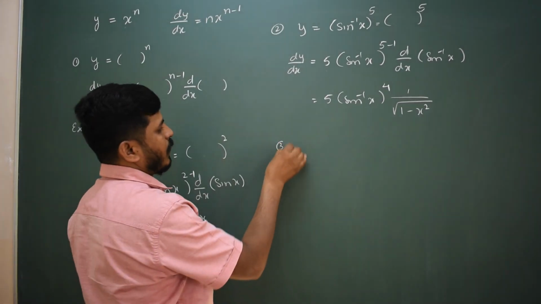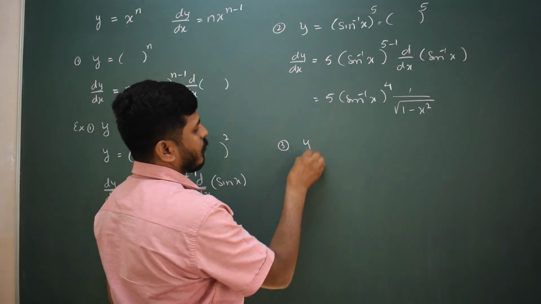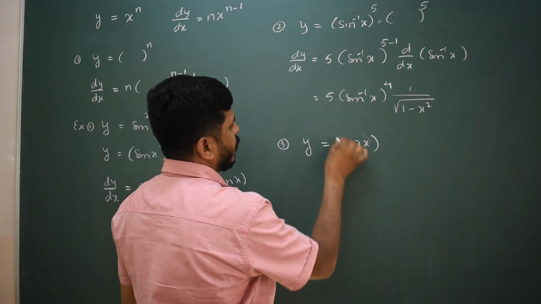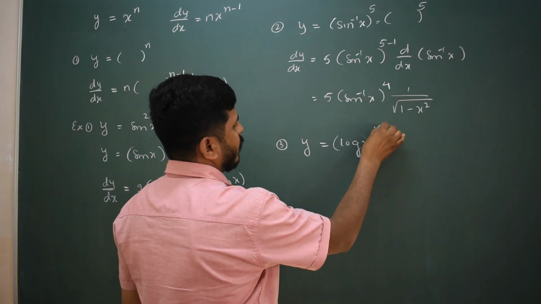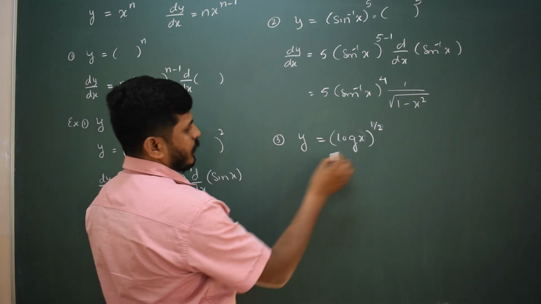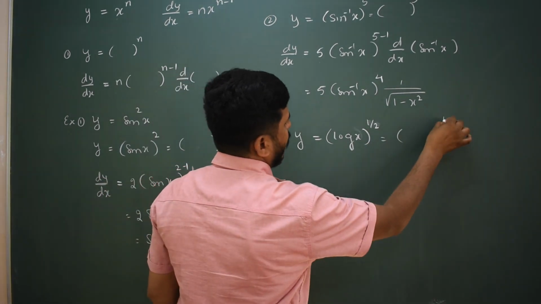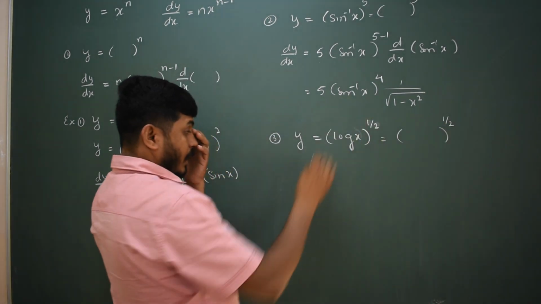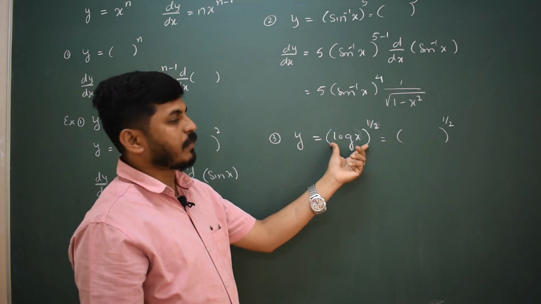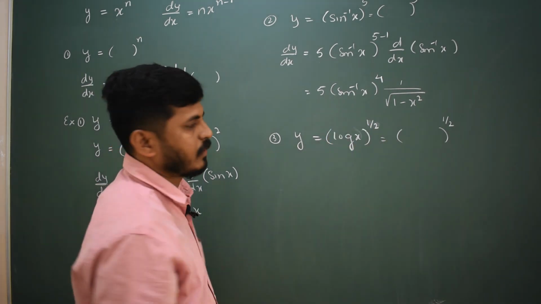One more example I will take. y is equal to, say, log x raised to half. Read it as something raised to half. n may be anything; n may be a positive integer, negative integer or fraction. This something should be some function.